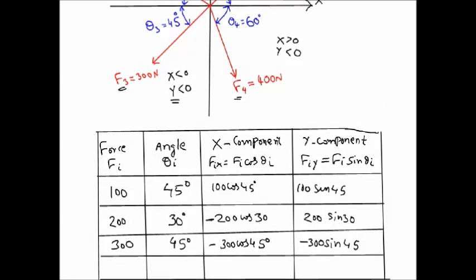The force F4 is 400 newtons and the angle is 60 degrees. So the components are 400 cos 60 and then 400 sin 60. Because the force F4 is in the fourth quadrant, the x component is positive and the y component is negative. Correspondingly, you put a negative sign here.